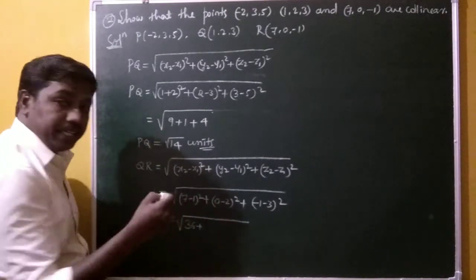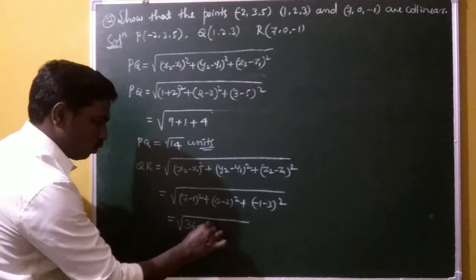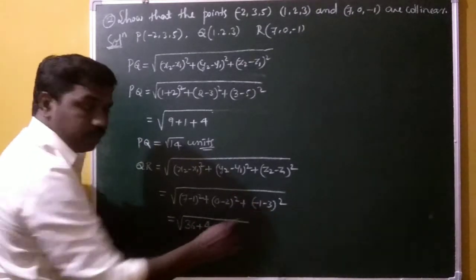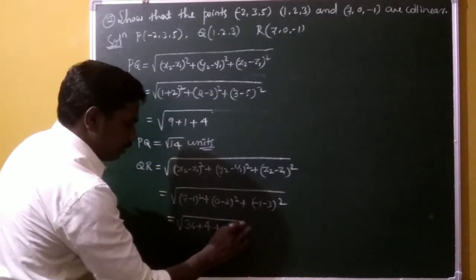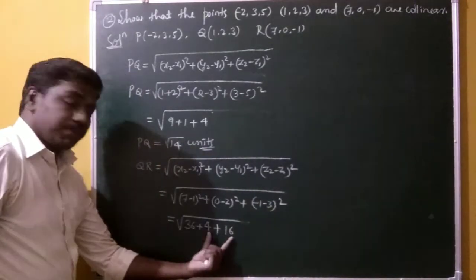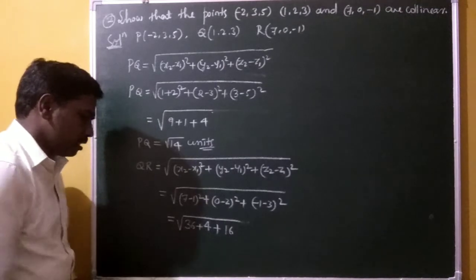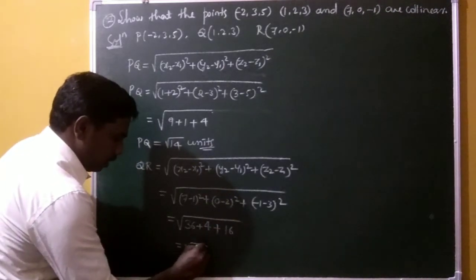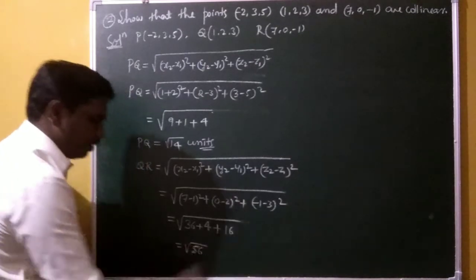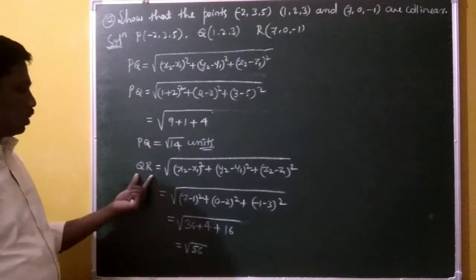Next minus 2 whole square is 4, plus minus 1 minus 3 is minus 4, whole square is 16, right? So 16 plus 4 is 20, plus 36, total 56. That is the distance QR.